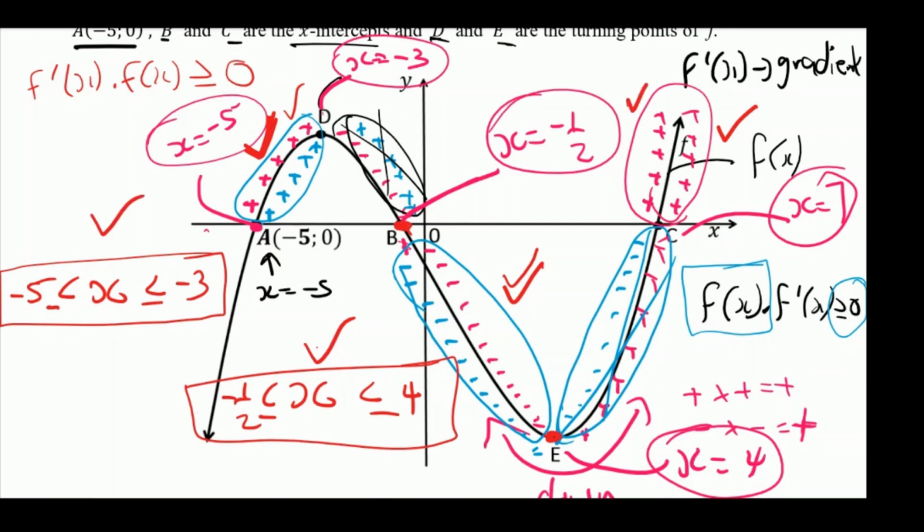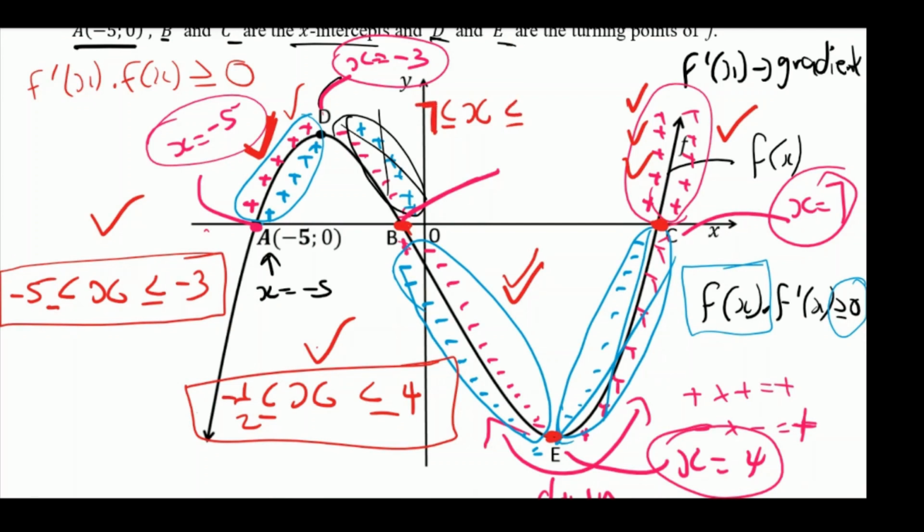Or we try out this one here, and we can simply say, because here at point C, x is equal to 7 and then up to infinity, right? So we can simply say when x is greater than 7, so I'm going to write 7 here.